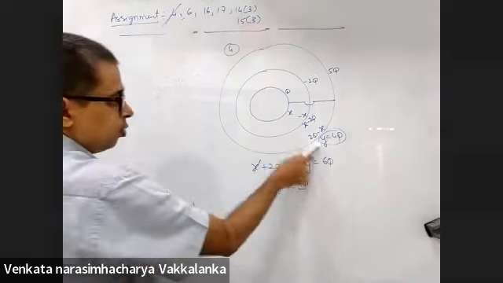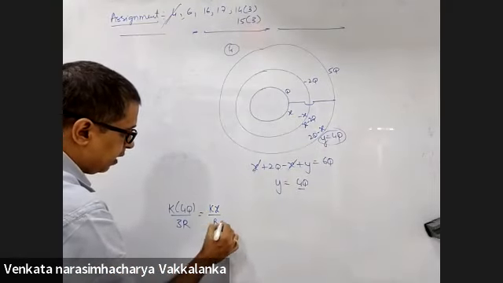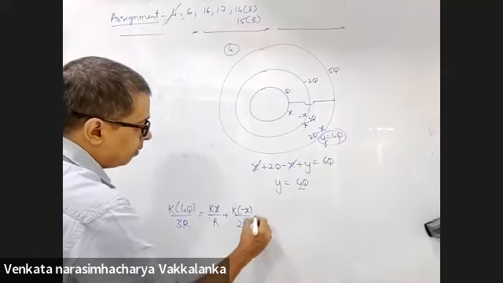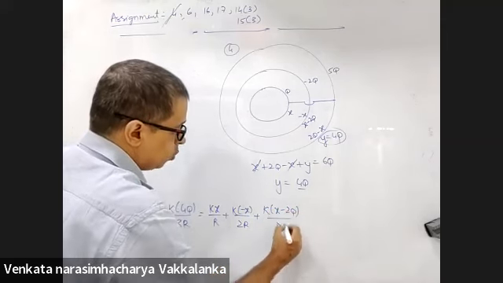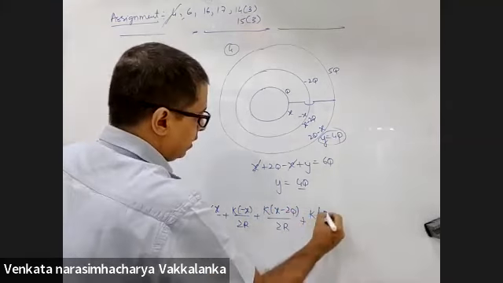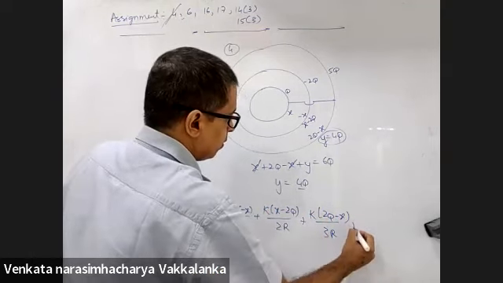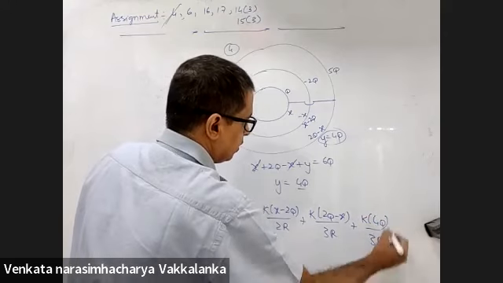This will be equal to the potential on the inner shell due to all of them: KX by R, K minus X by 2R, K (X minus 2Q) by 2R, K (2Q minus X) by 3R, plus K 4Q by 3R.